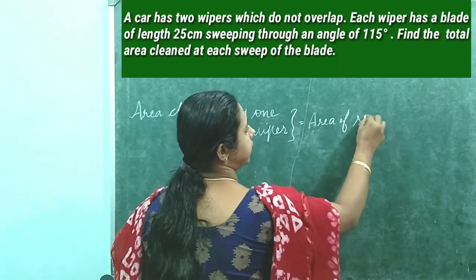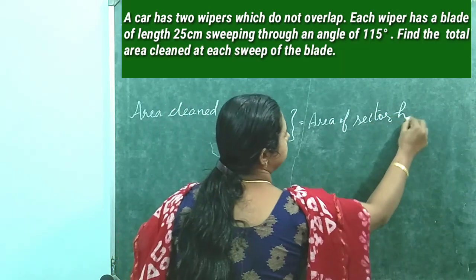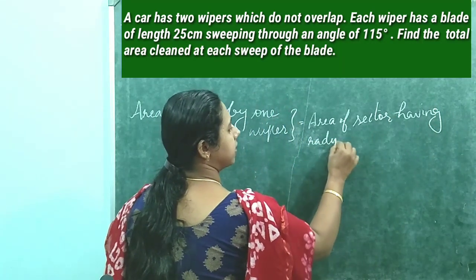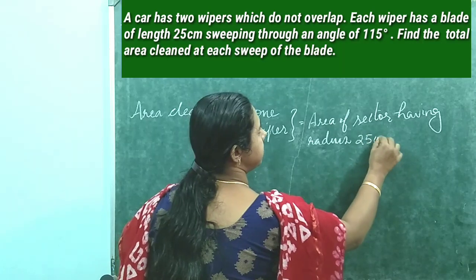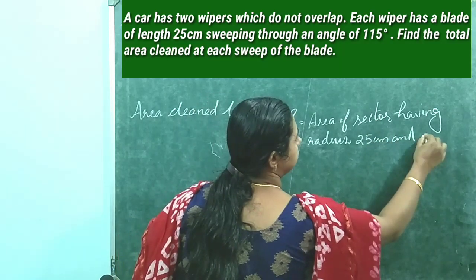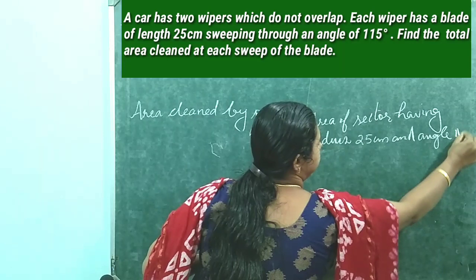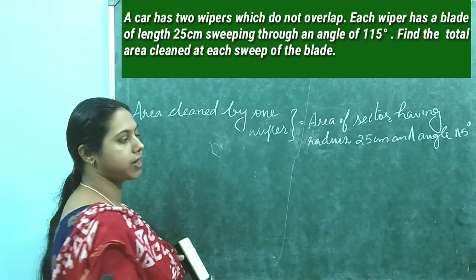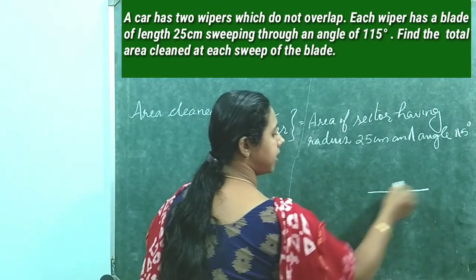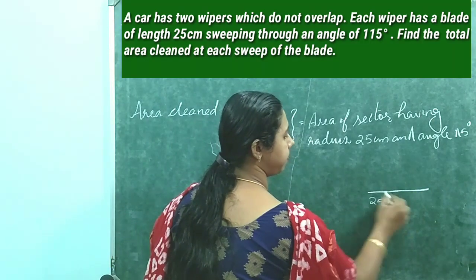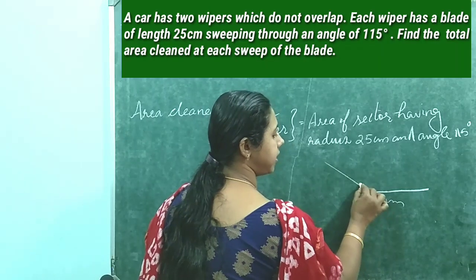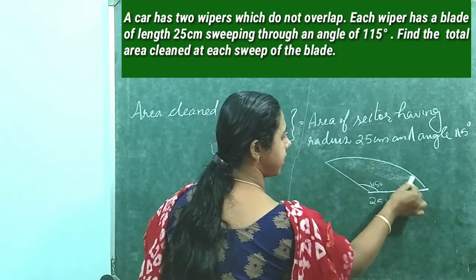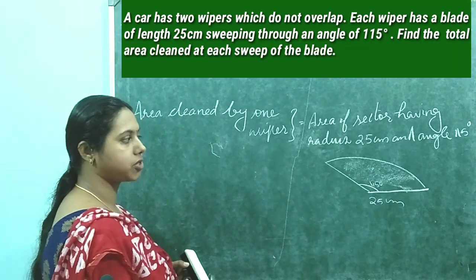Area of sector having radius 25 centimeter and angle 115 degree. So it's given for you the length of the blade is 25 centimeters. So the blade will be 25 centimeter length. It makes a 115 degree angle. So it's sweeping this much area. So it forms a sector shape.